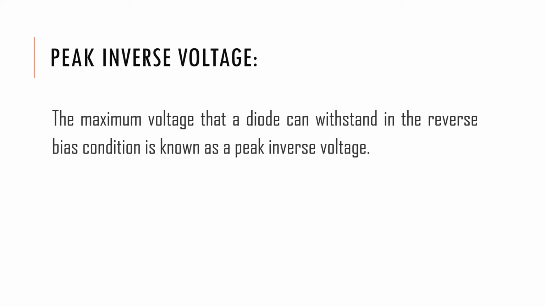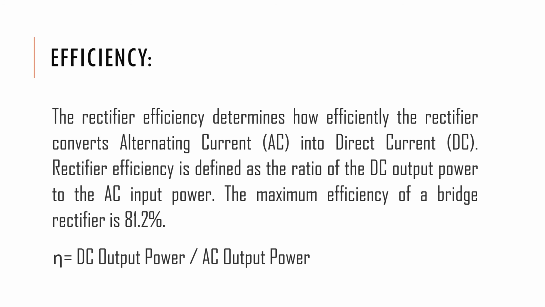Now see what is peak inverse voltage. The maximum voltage that a diode can withstand in the reverse bias condition is known as peak inverse voltage. Let us see how we can calculate the efficiency of a rectifier.